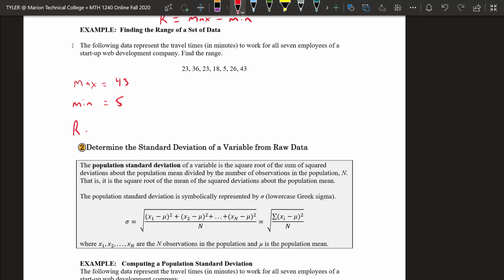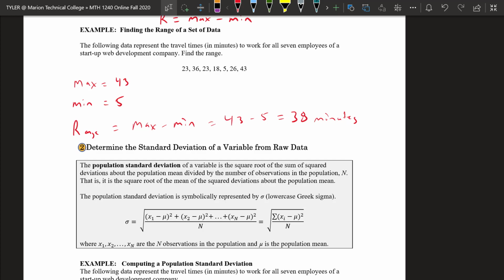So the range equals the max minus the min, which equals 43 minus 5, which equals 38. And this would also be in the same unit of minutes. So we get the same unit back when we subtract two things that have the same units.